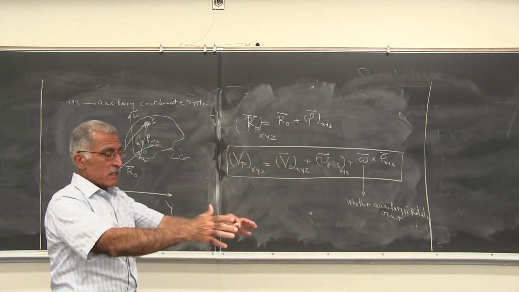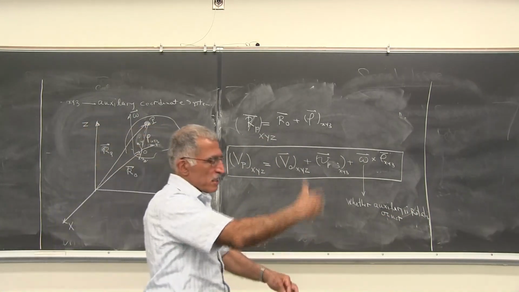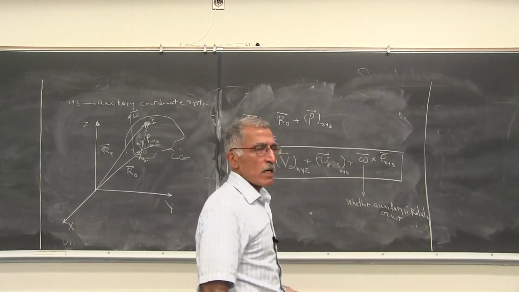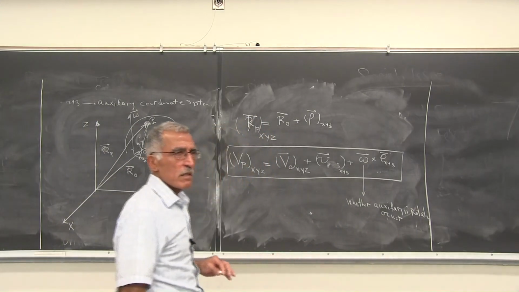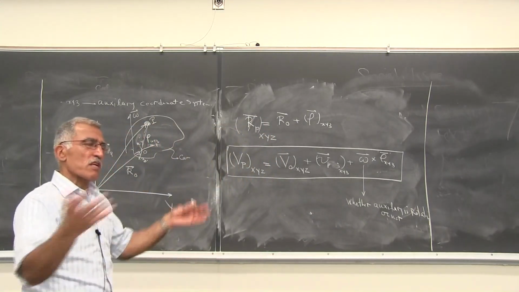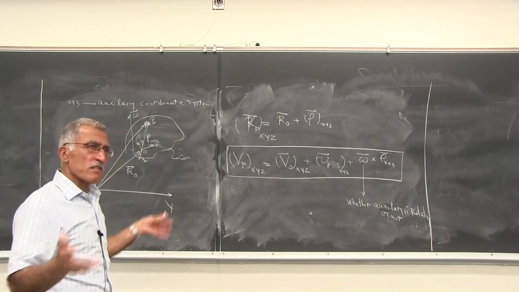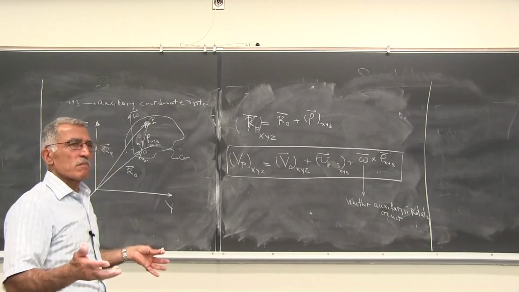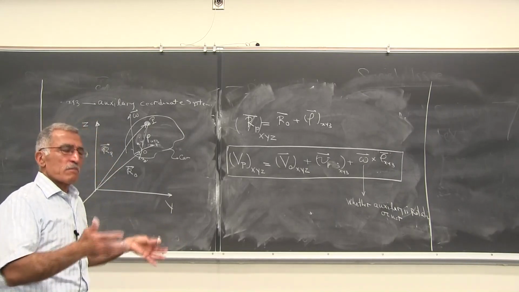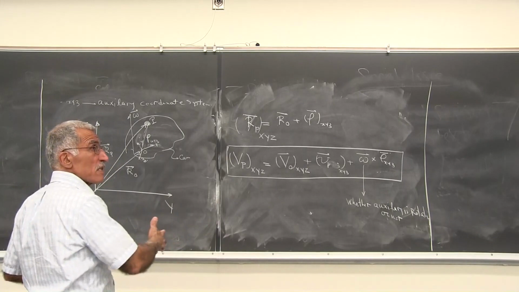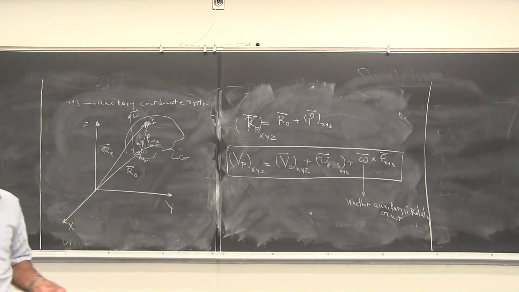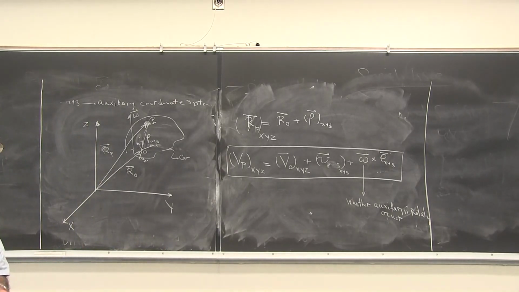If the car is not rotating and the bug is simply going inside, then you don't have this term, because my auxiliary never rotates. My auxiliary always maintains the same direction. But if the car rotates, then my auxiliary rotates too, because your auxiliary is attached to the car.